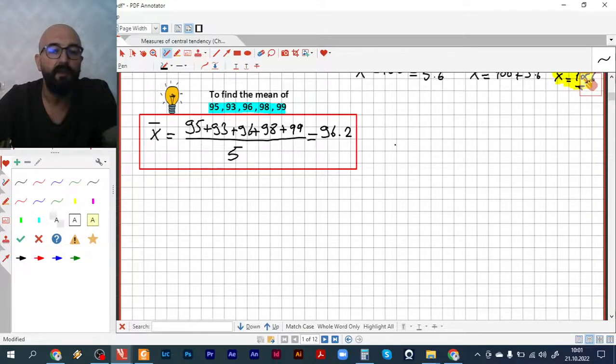So I want to use x minus 100, and if we want to compute the sum of the x minus 100 and find the mean, we should divide it by 5, because we have 5 data.